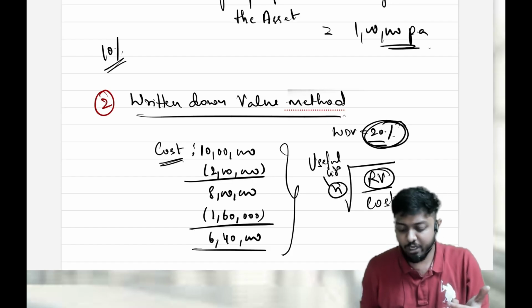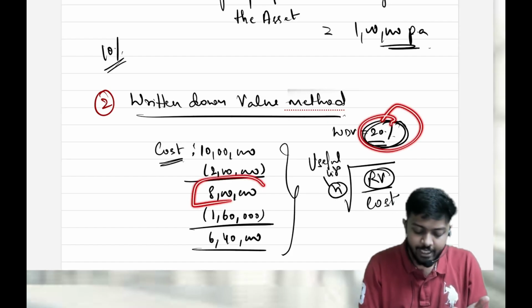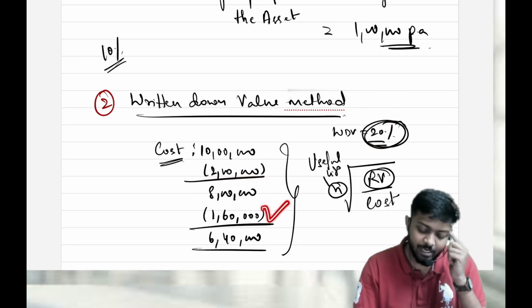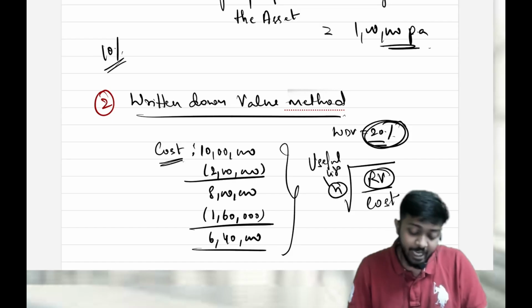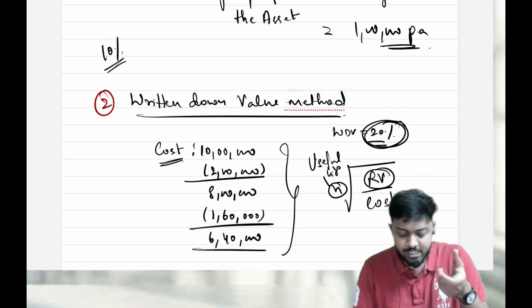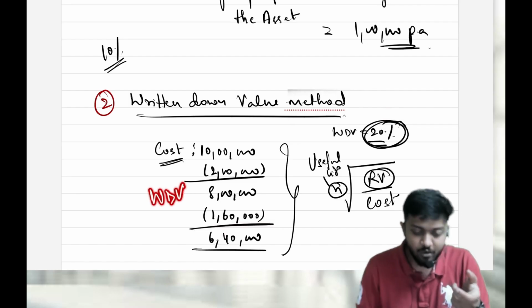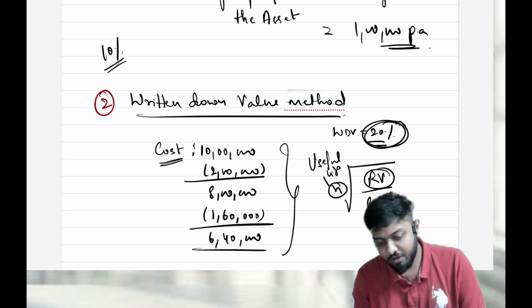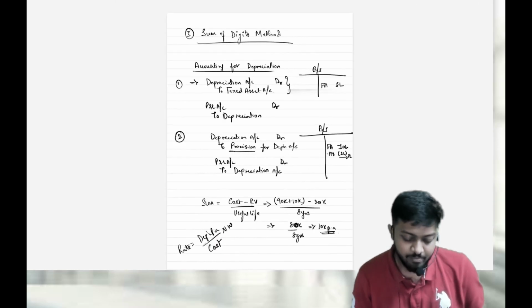For the second year, you apply this percentage on the written down value, not on the cost: 8 lakh into 20%, which becomes 1 lakh 60,000. For the third year, you apply the percentage not on 8 lakh but on 6 lakh 40,000. This every time is called the written down value. Always the percentage is applied on the written down value. That is the calculation of depreciation under the WDV method.